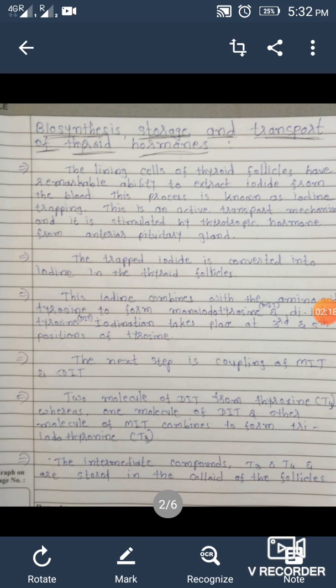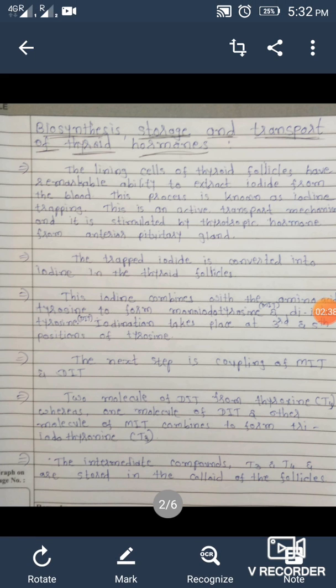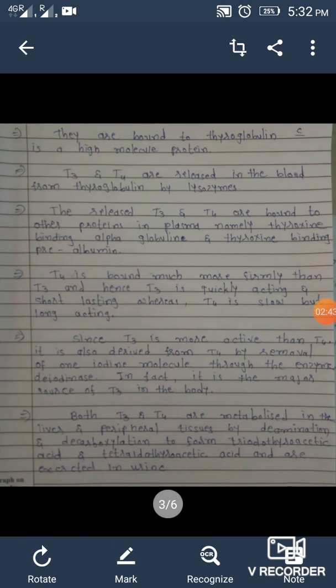If two DIT molecules couple, then they will form thyroxine, that is T4, tetraiodothyronine. If one MIT and one DIT molecule couple, then they will form T3 hormone, that is triiodothyronine. And this T3 and T4 will be stored in the colloid of follicles, and in colloid they will bind to the thyroglobulin, which is a large protein.